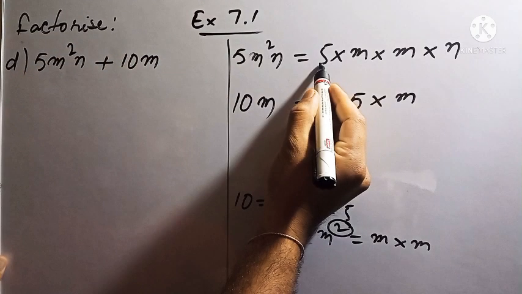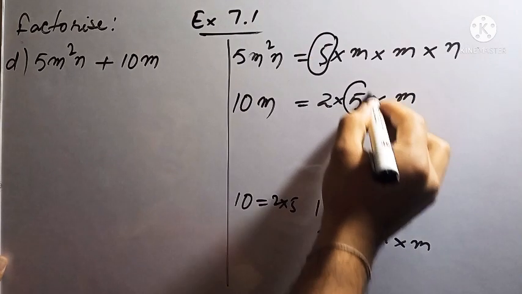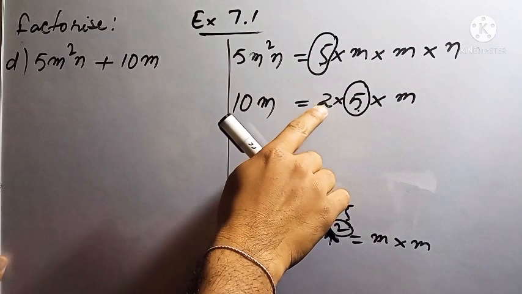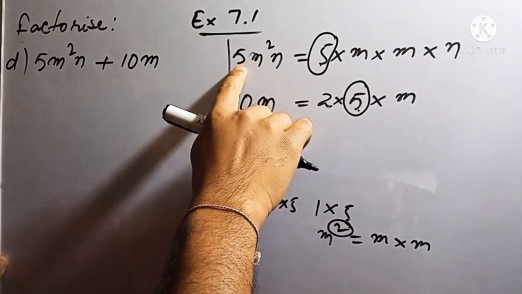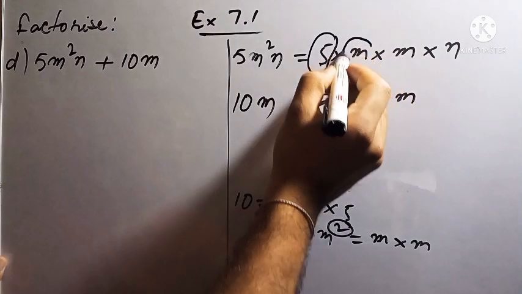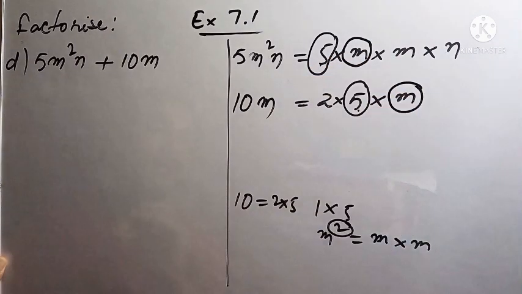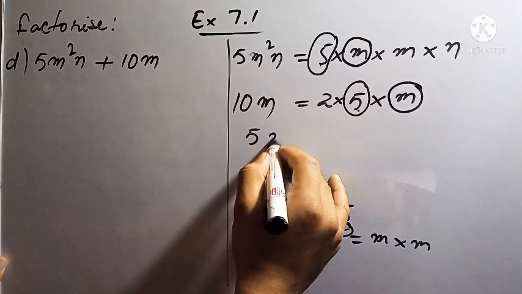I find here 5. I find here 5. So this 5 is a common factor. Even though there is 2 in the case of 10m, there is no 2 in the first term. So 2 is not a common factor. Now I find here again, this is m and this is m. So here the common factors are 5 and this m.